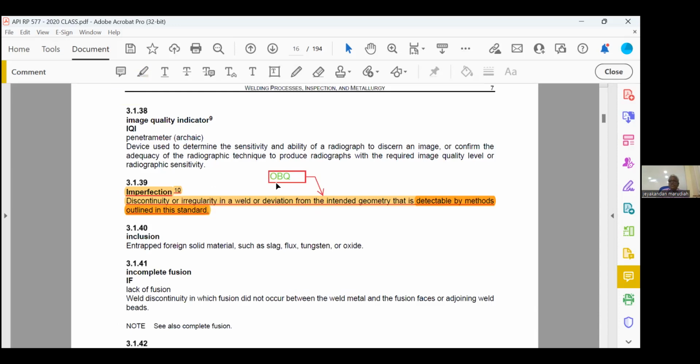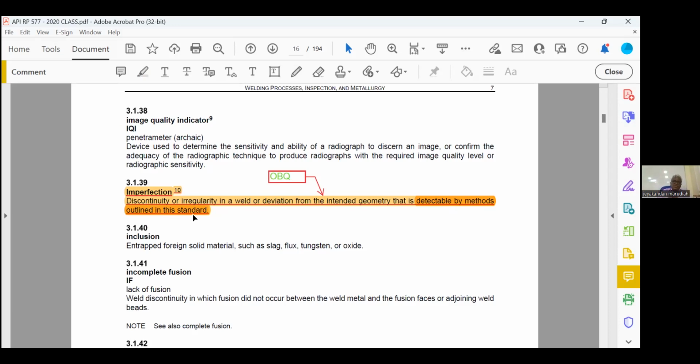Then imperfection, again another important one, recently asked. The question itself they will give like this: discontinuity or irregularity in a weld or deviation from the intended geometry that is detectable by methods outlined in 577. When you see the word 577, the answer is imperfection.